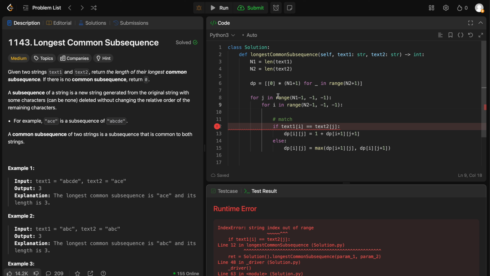Let me see. So IJ. So if text 1 is here, text 2 is here. We have text 2 rows. That's true. So we have 0 times N1 plus 1.